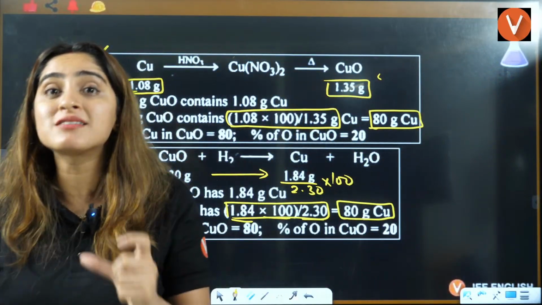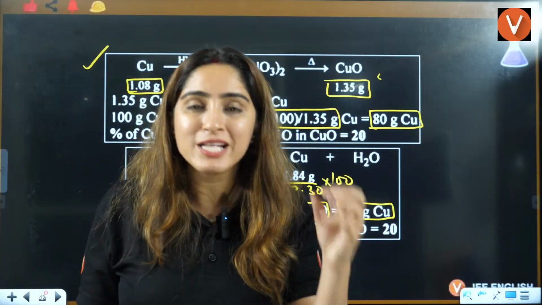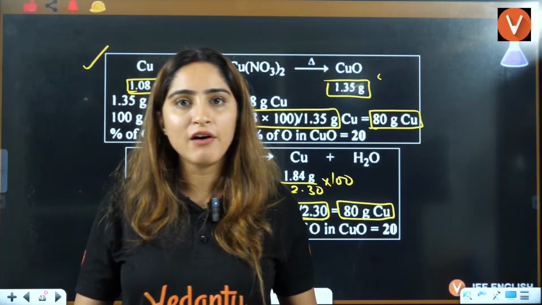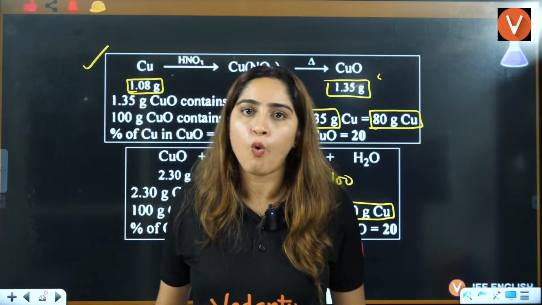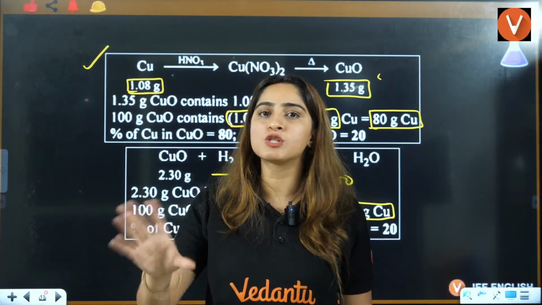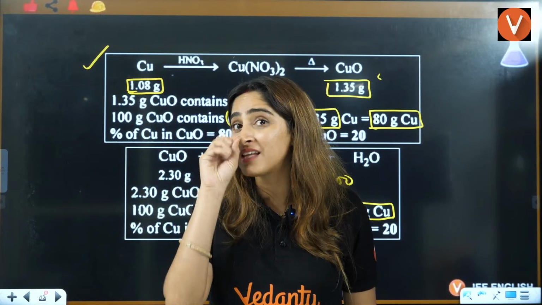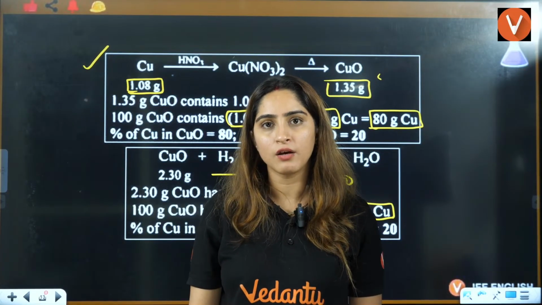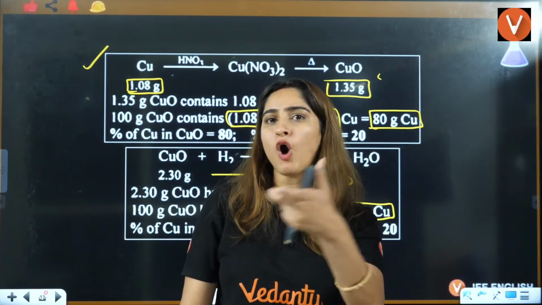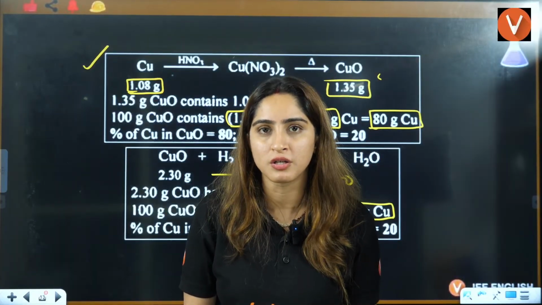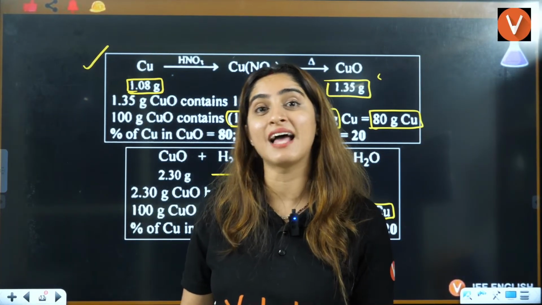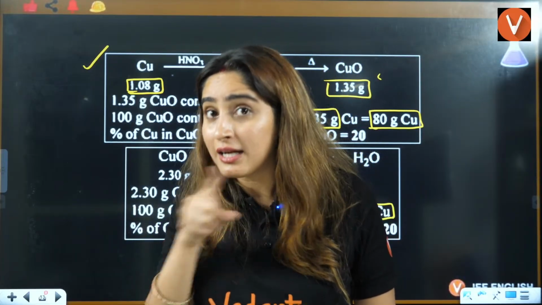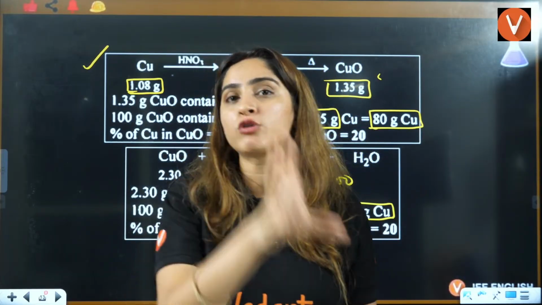If you fix the copper oxide, what exactly are we doing? I am saying that if I have 10 liters of water, I will always have this much molecules. I will have only this much of H2 mass, right? We know that 1 liter will always have the same mass of oxygen. That's why we are saying that this 100 gram we are fixing. I want to see if in 100 grams we are getting the same amount of copper.